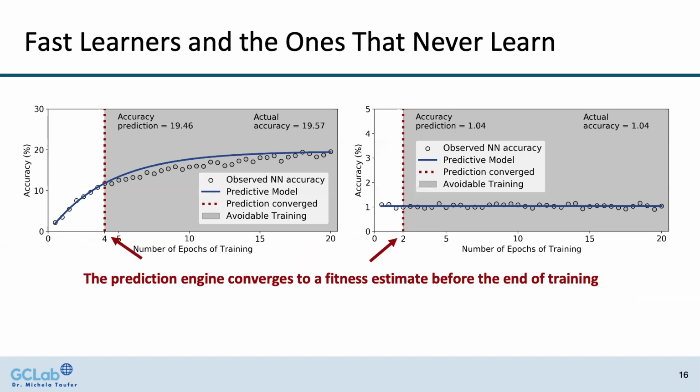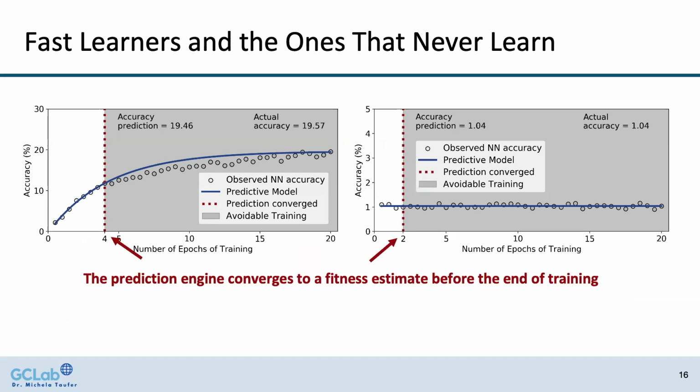To illustrate this, here's an example with two learning curves. The one on the left is a neural network that we classify as a slow learner, and the one on the right is a network that never really learns.